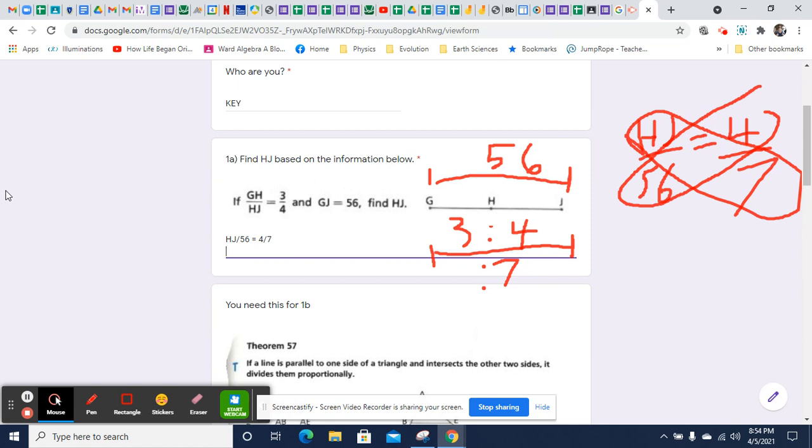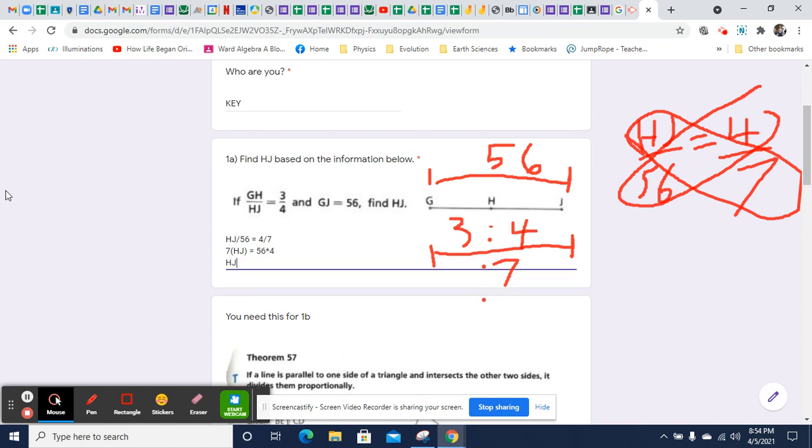So I'm going to say 7 times whatever HJ is going to equal 56 times 4. You may be tempted to multiply 56 times 4, but don't do that yet, because HJ is going to equal 56 times 4 all over 7.